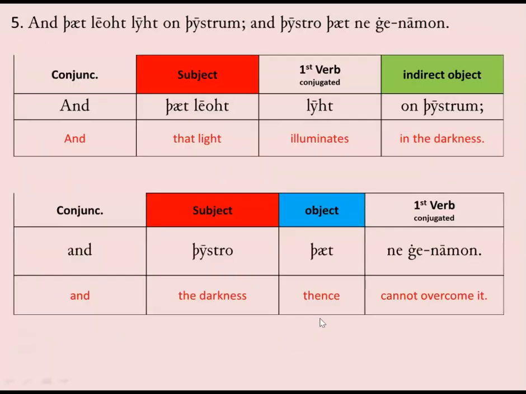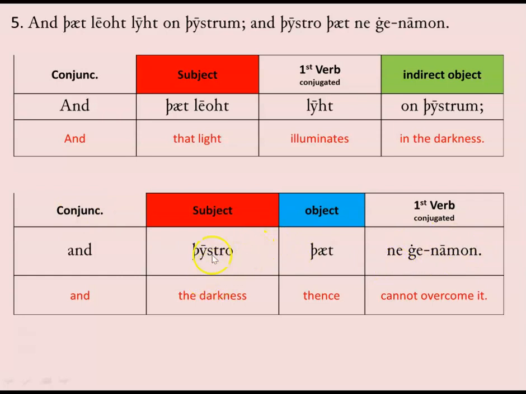Now verse 5. And that leich lucht an thustorum, and thustora that ne yenamon. Okay, and that light illuminates in the darkness, and the darkness thence cannot overcome it. Now the conjunction here is a coordinating conjunction, and then surprisingly here, the verb has been thrown to the end.